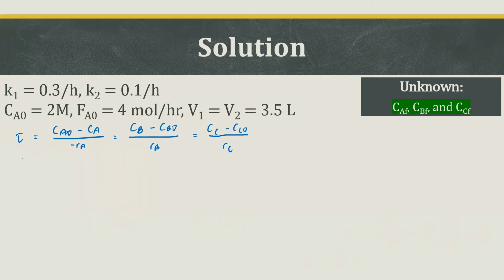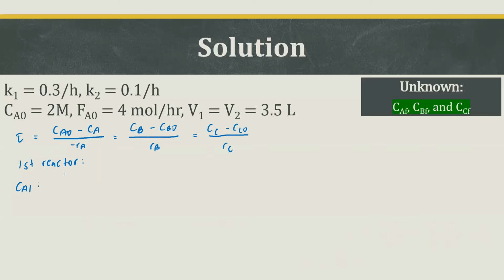For the first reactor, we write CA1. For CA1, tau equals CA0 minus CA1 over negative rA at CA1.